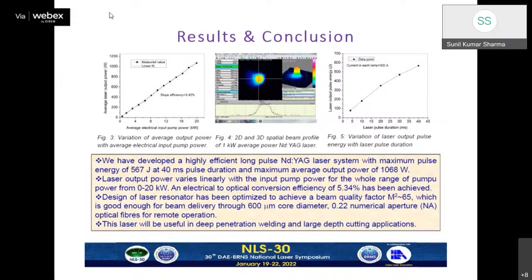With this system, we have cut 30 mm of SS and welded 4 mm thick niobium. We can cut up to 40 mm of SS and do 6 mm welding of SS.